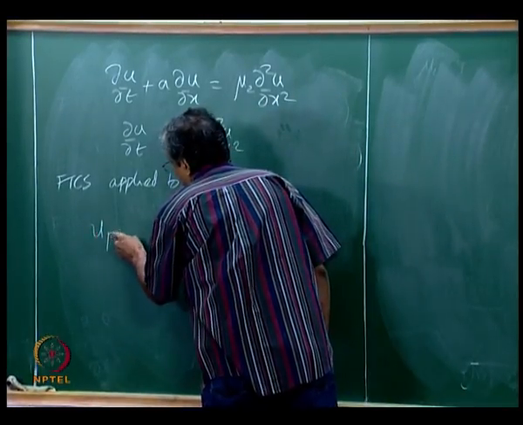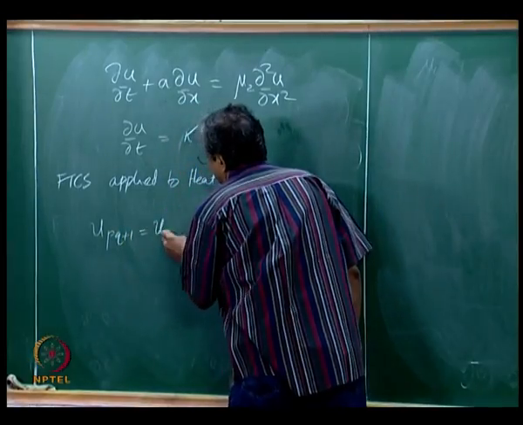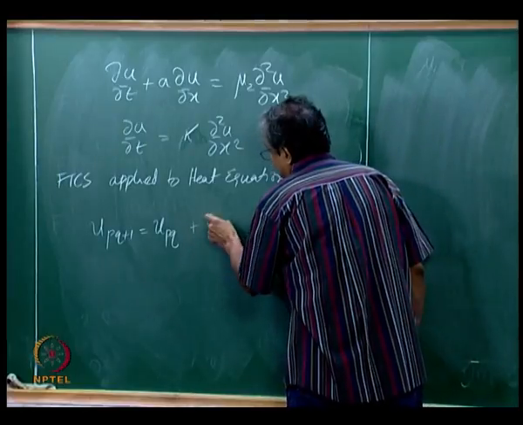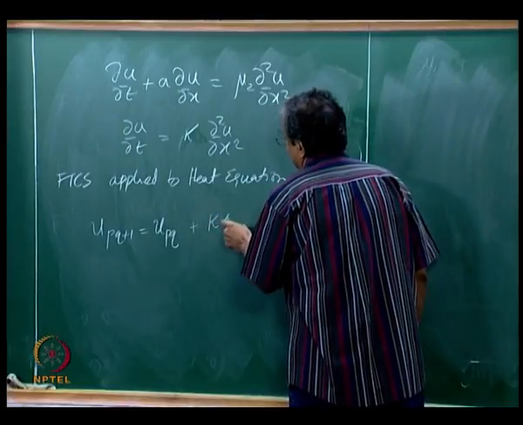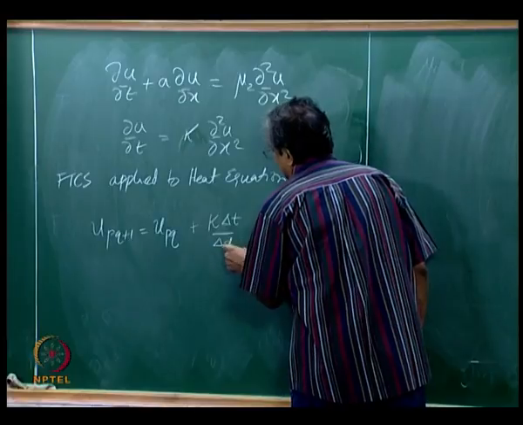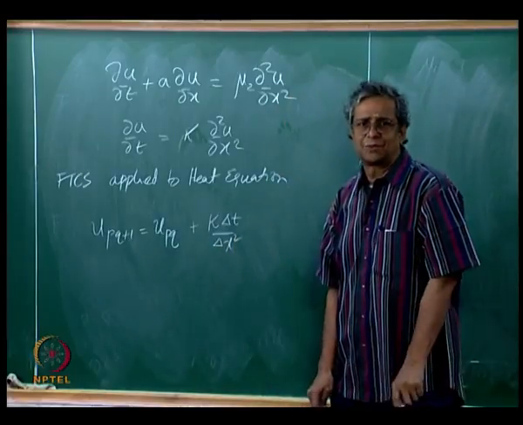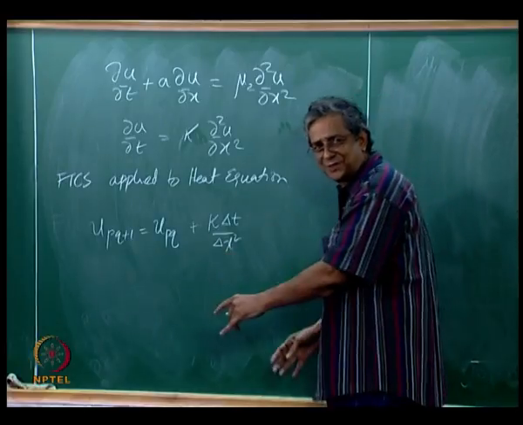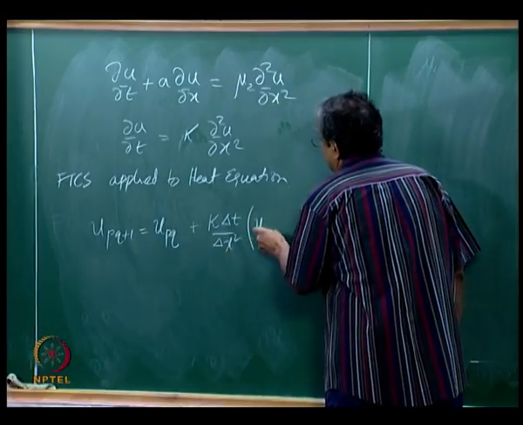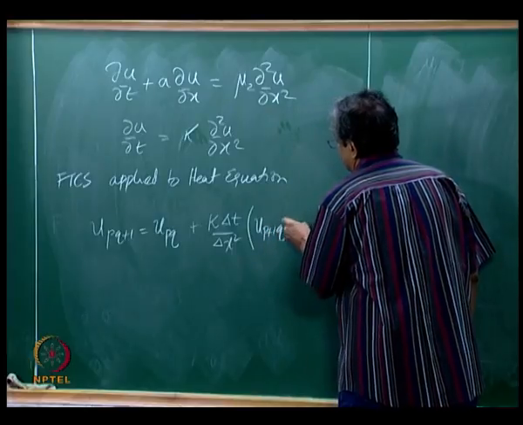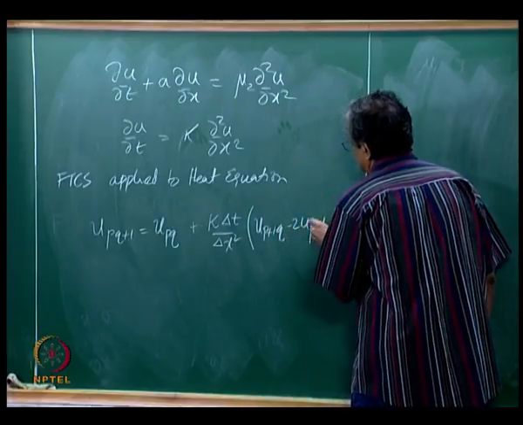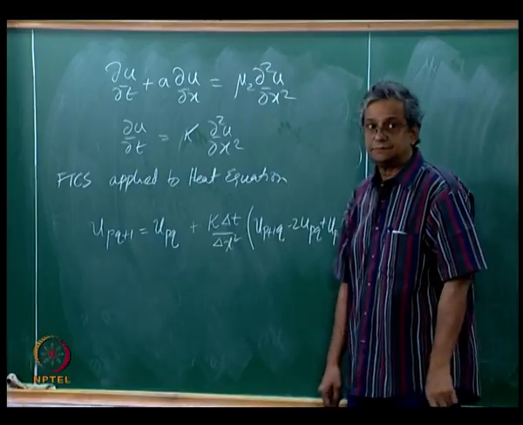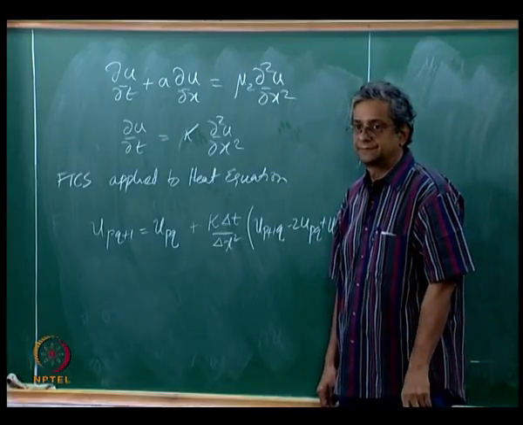So U(p, q+1) is U(p, q) plus kappa delta T by delta x squared times U(p+1, q) minus 2 U(p, q) plus U(p-1, q). I am not really doing this from memory, I am sort of working it out in my head. You can work it out in your head, right? Is that fine?